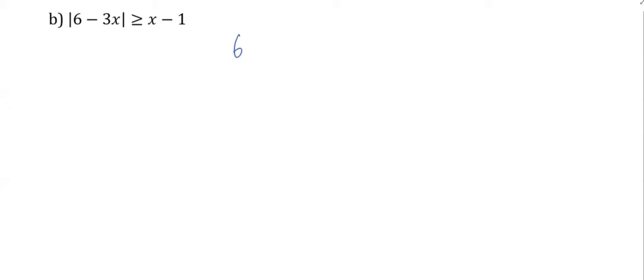Okay, back to business. This is a weird one because instead of 3x minus 6, it's 6 minus 3x. So things work out a little bit differently in this case. But when this is less than or equal to 0, remember I'm setting up these two cases. And I have said when the argument of the absolute value is less than 0, so this will be the one where I'll multiply by a negative.